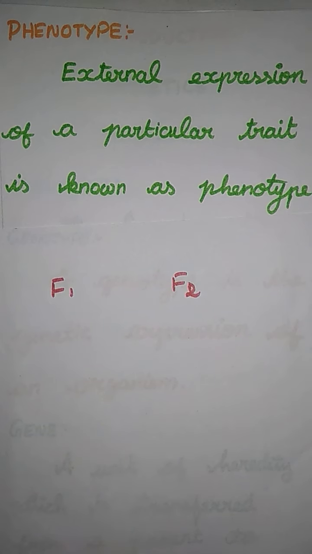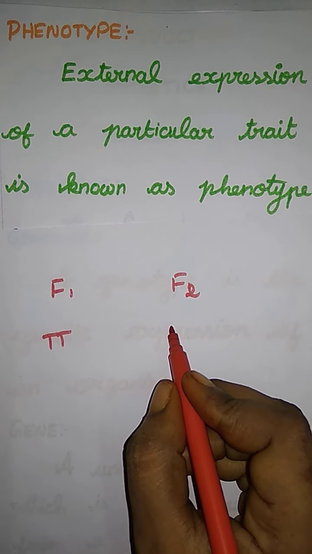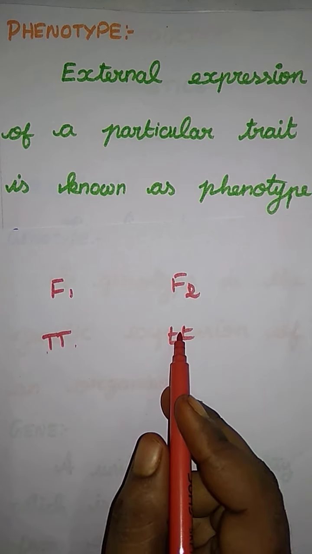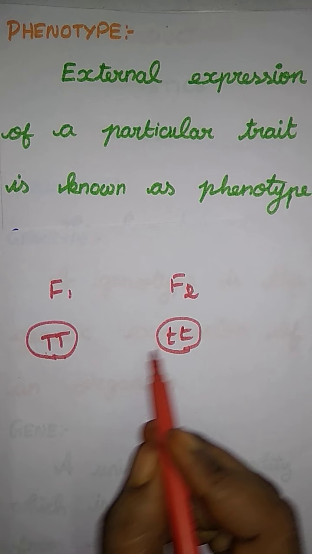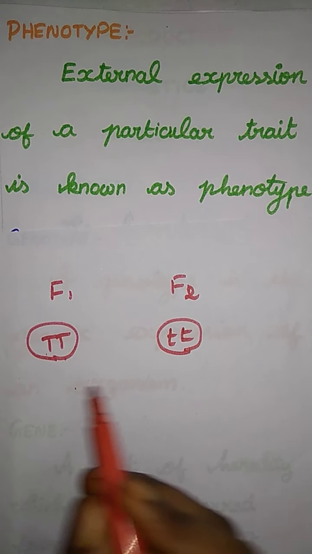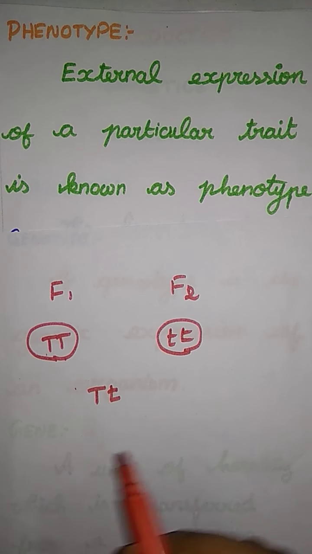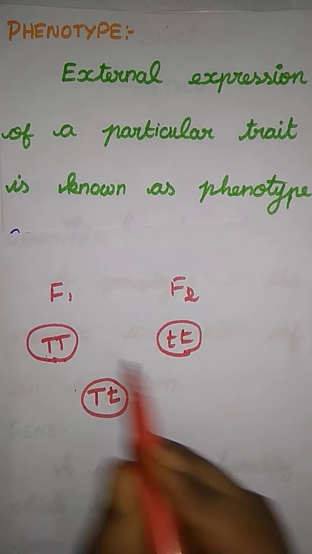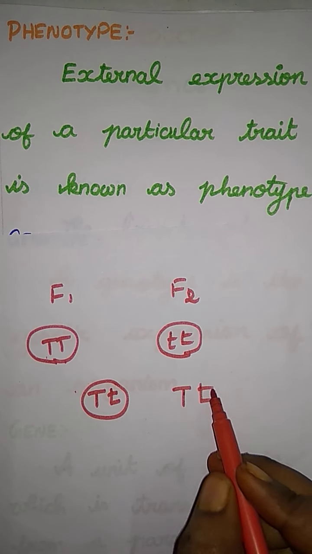In the F1 generation we take a tall plant, and in the F2 generation a short plant. They have the same character. If you cross between them, what do we get? One tall plant and one dwarf plant. In the F2 generation also we get one tall plant and one short plant.